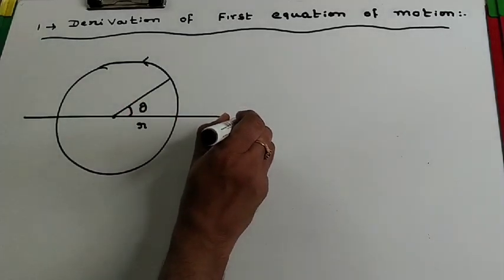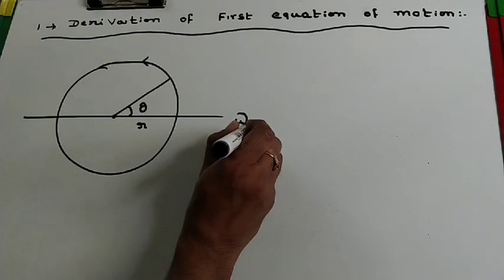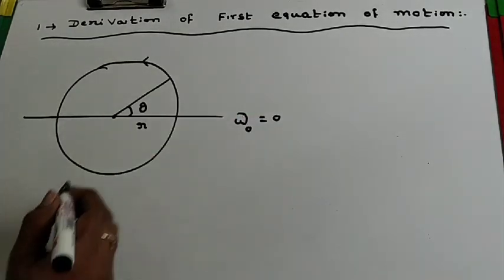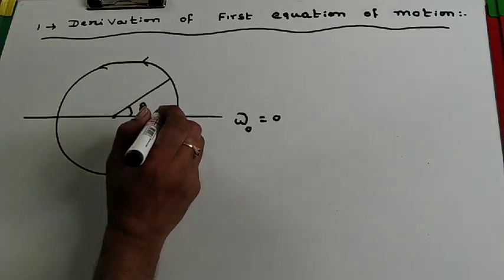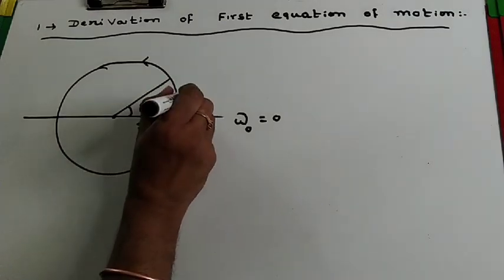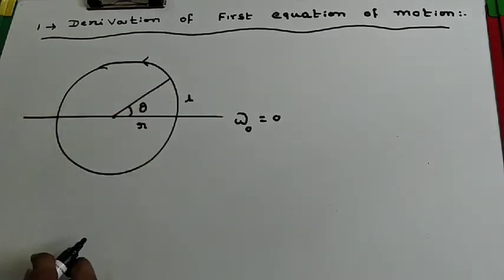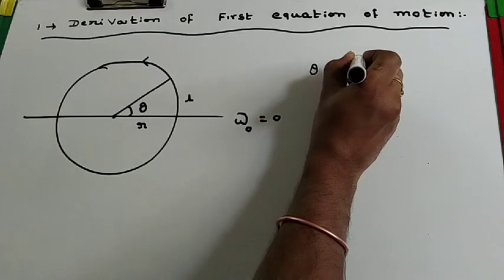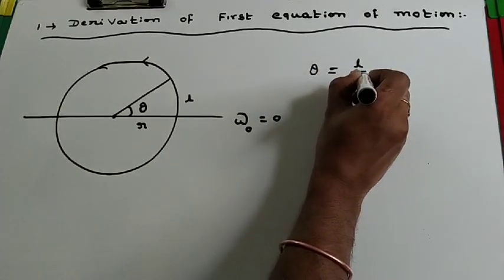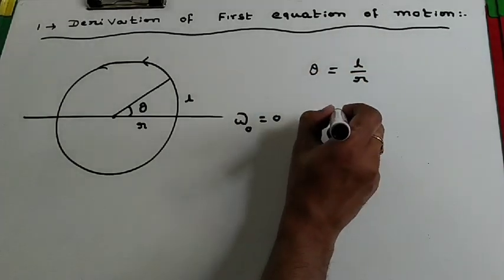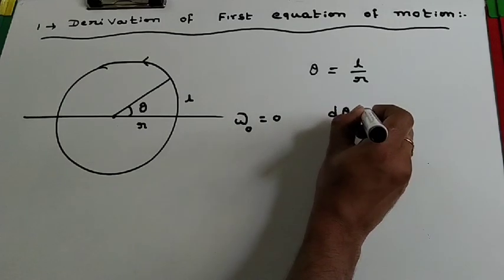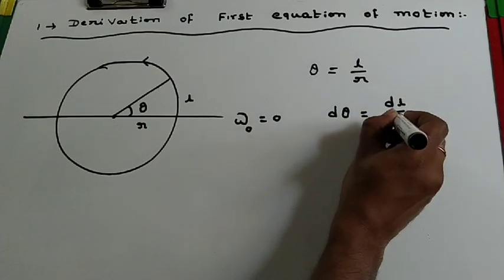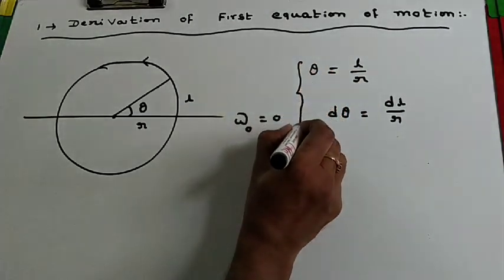Here the initial angular velocity is omega naught, that is equal to 0, therefore it is L, consider L. Here theta is equal to L by R. Therefore d theta is equal to dl by R. This point we have to remember.